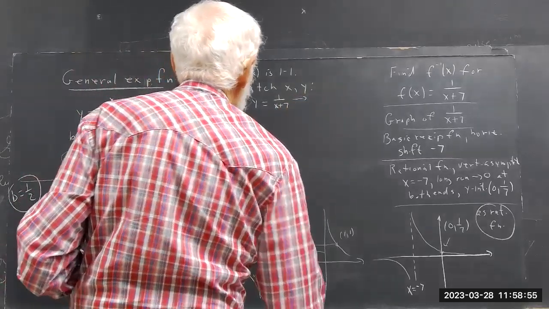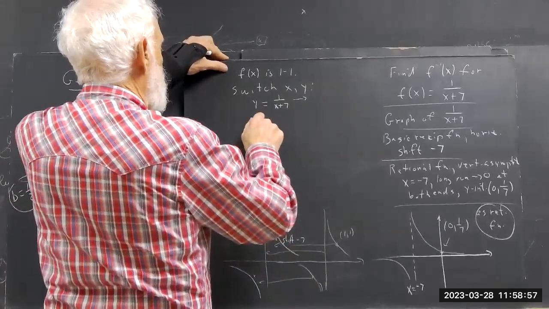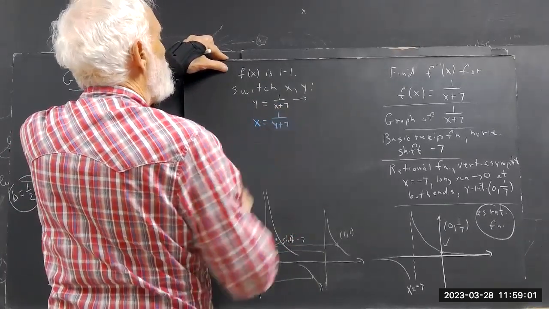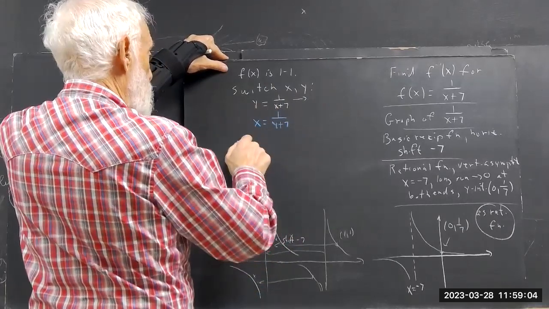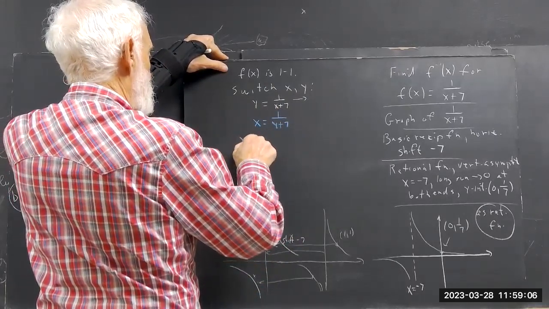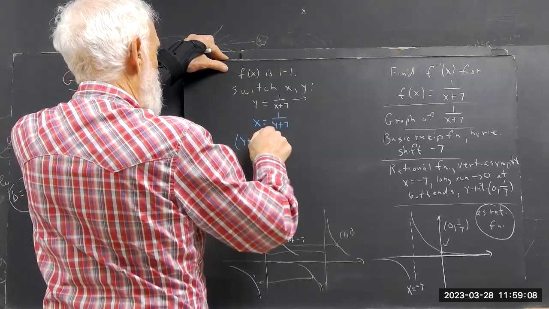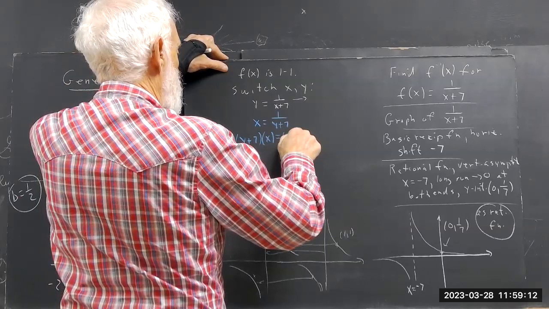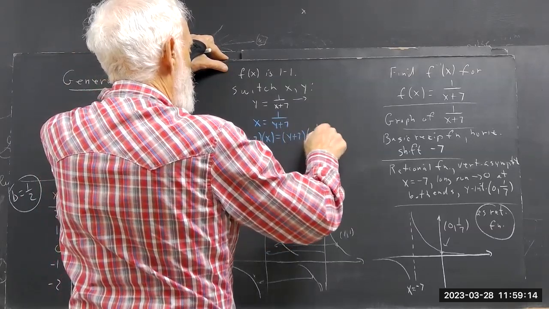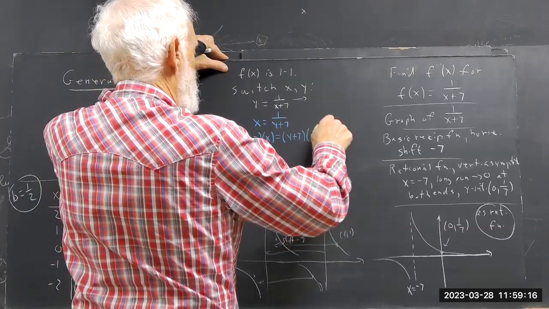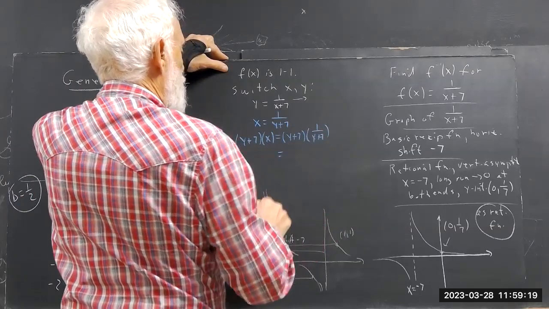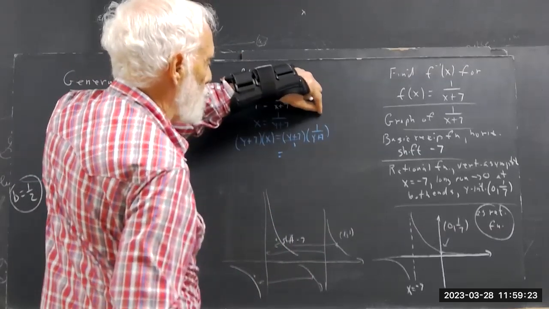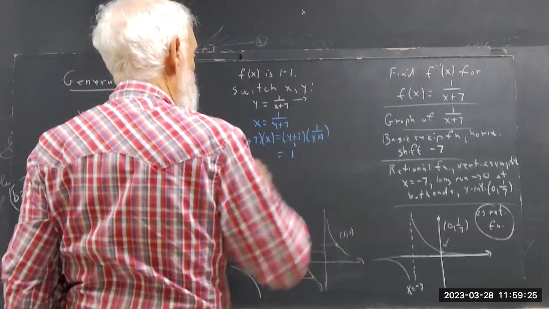So that y equals 1/(x+7) becomes x equals 1/(y+7). Multiply both sides by y plus 7. And this, if we multiply numerators and denominators, gives us (y+7)/(y+7), which is 1.